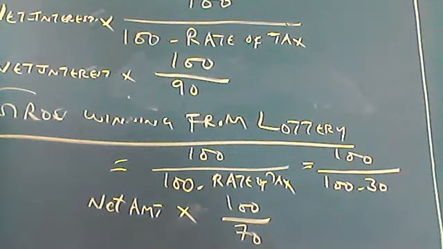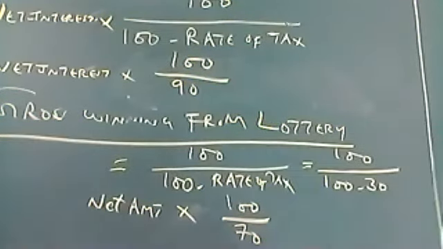If you want to calculate net interest, face value into interest rate. If you want to calculate gross interest on securities, net interest into 100 by 90. Suppose you have to calculate gross winning from lottery, net amount received into 100 by 70. So these are the formulas you have to apply to compute interest on securities and winning from lottery. Right.